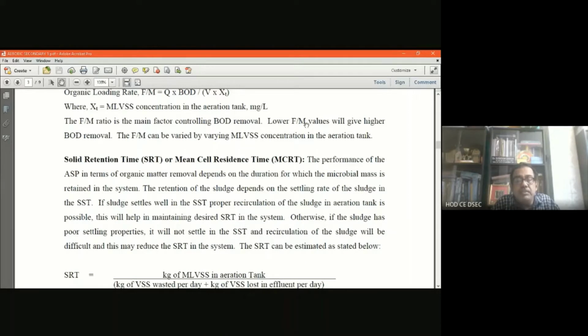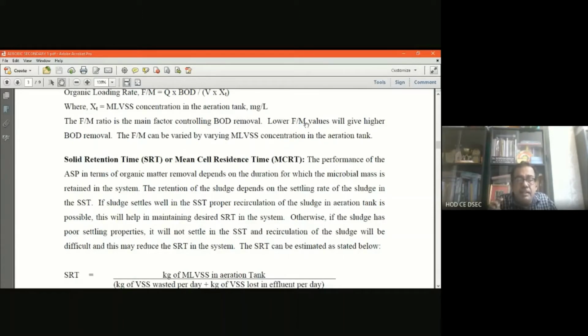The retention of the sludge depends on the settling rate of the sludge in the SST, that is the secondary sedimentation tank. So we have to observe how the settling of the sludge is taking place in the SST.